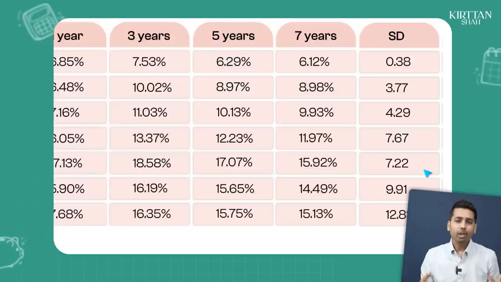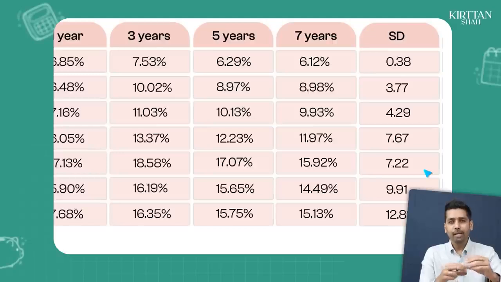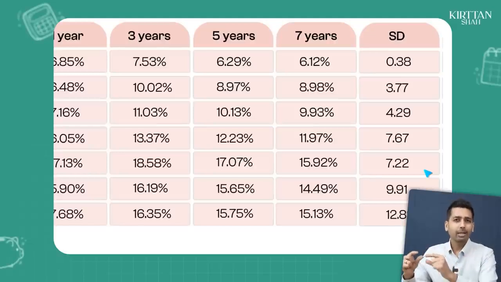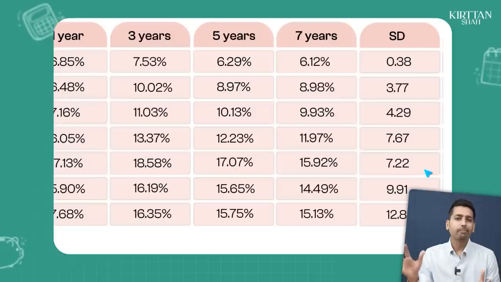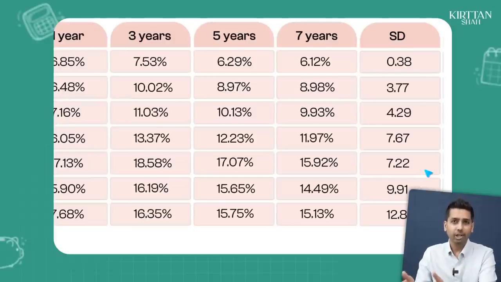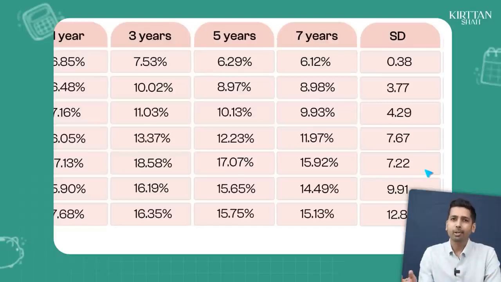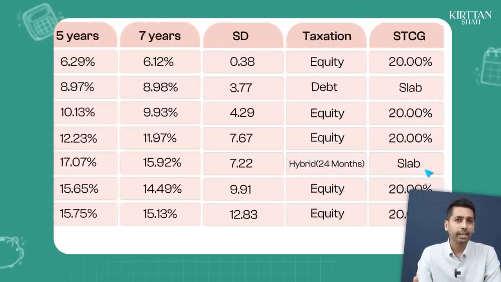So if I am given a choice to select between a balance advantage fund and a multi-asset fund, the data shows that the risk is almost the same, but the multi-asset fund has done 4-5% CAGR more than the balance advantage fund. So you would typically want to opt for a multi-asset fund in general, because the multi-asset fund also allows the fund manager to take position in gold and silver if at all need be.